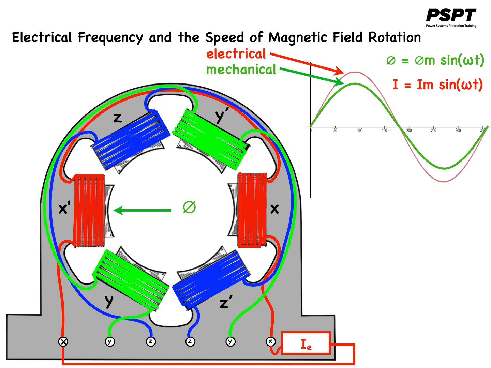And it stands to reason, because the mechanical rotation of the magnetic field will cause the rotor to rotate, and this is a mechanical action. So I have to differentiate between the two, so I'm going to call one electrical and the other mechanical.